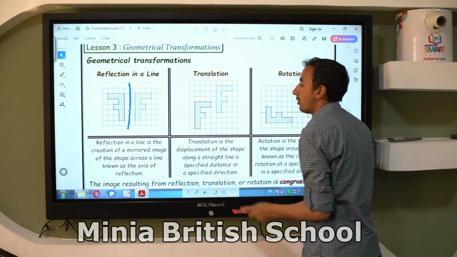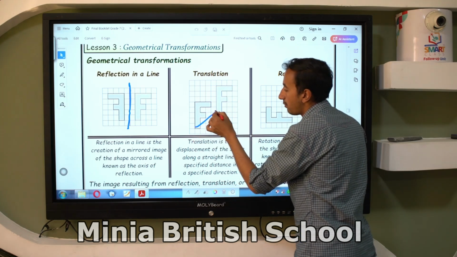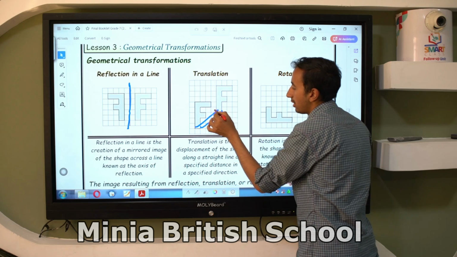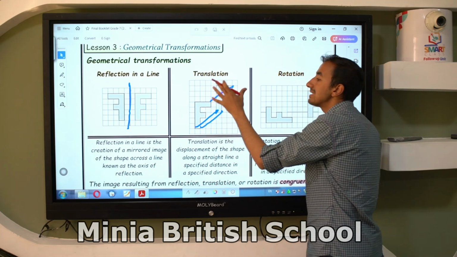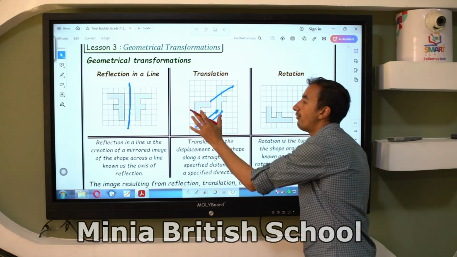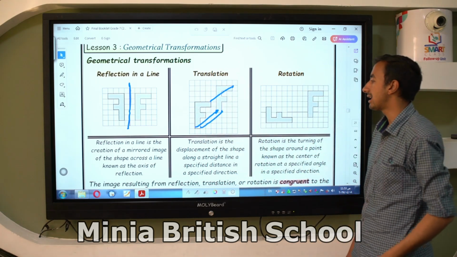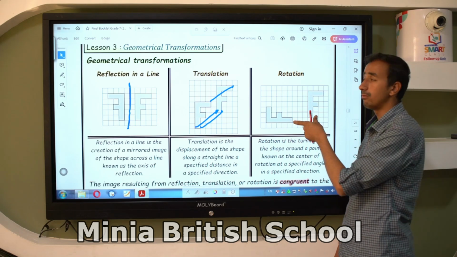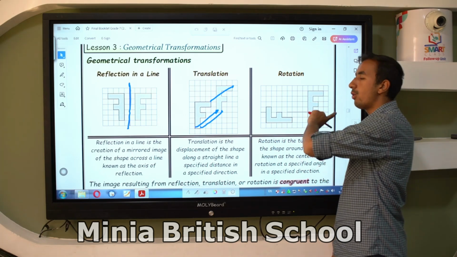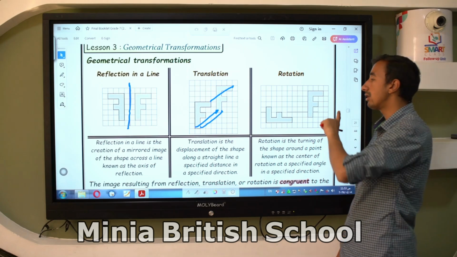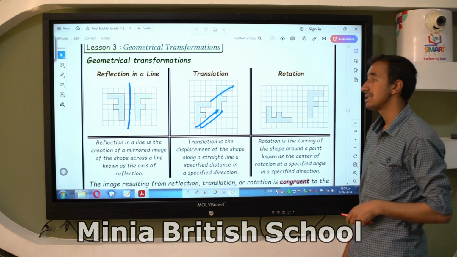This point moves to this point. This point moves to this point. This point moves to this point. The same for the shape, it moves from one space to another space. Here rotation, I can rotate clockwise or counterclockwise. Counterclockwise is positive, clockwise is negative.